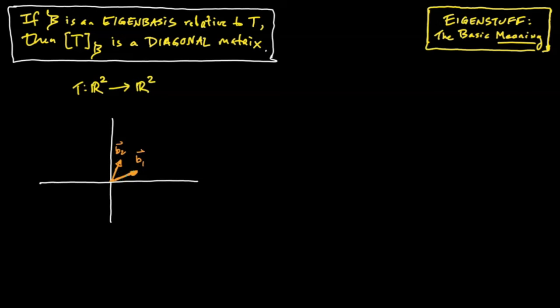And let's suppose that the corresponding eigenspace is this line containing the eigenvector, which I've labeled capital E sub 1/2. So that means every vector on this line gets scaled by a half. And let's suppose that B2 is an eigenvector whose corresponding eigenvalue is 3/2. So it gets scaled up by T to 50% larger than it was before.